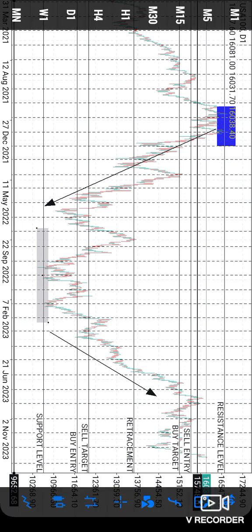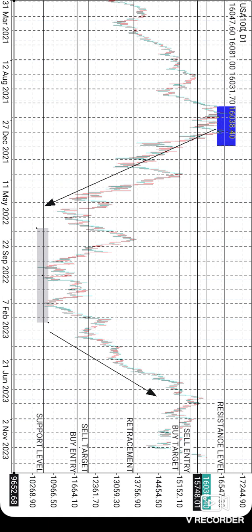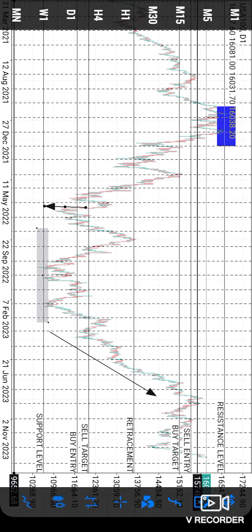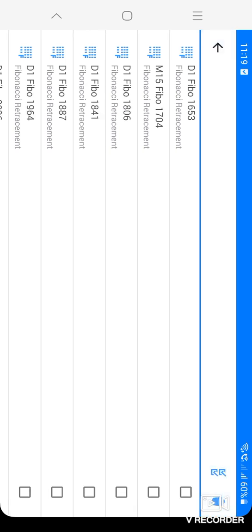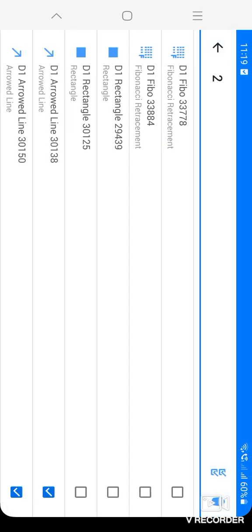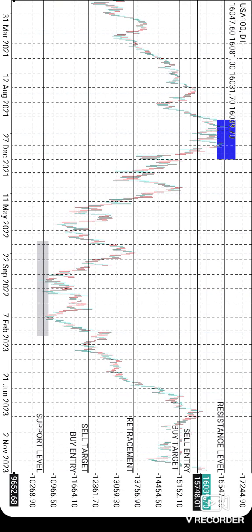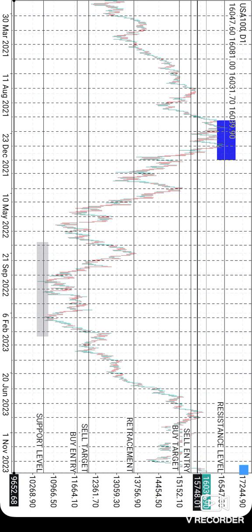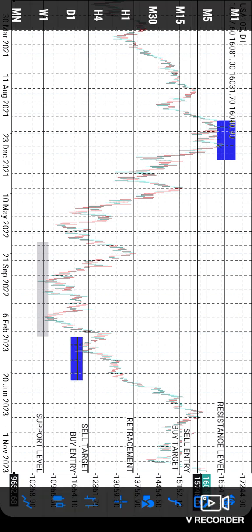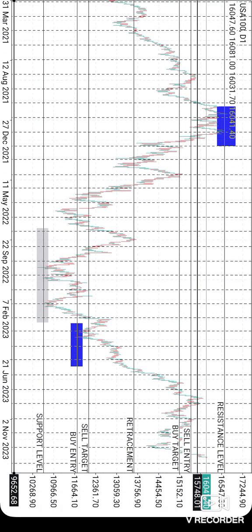Now again, secondly, what about entries? How do we enter using the mobile system? Once your market reverses from the support level, you don't automatically buy at the support level.